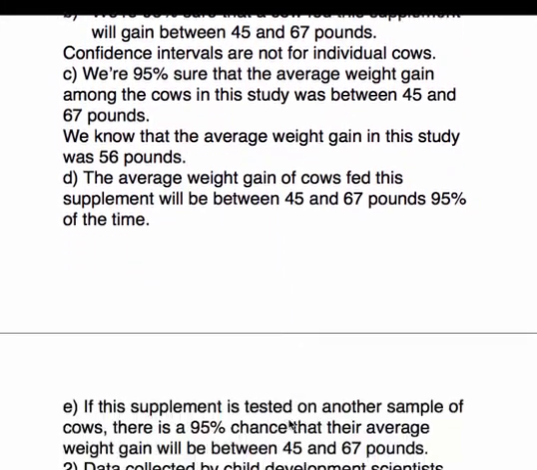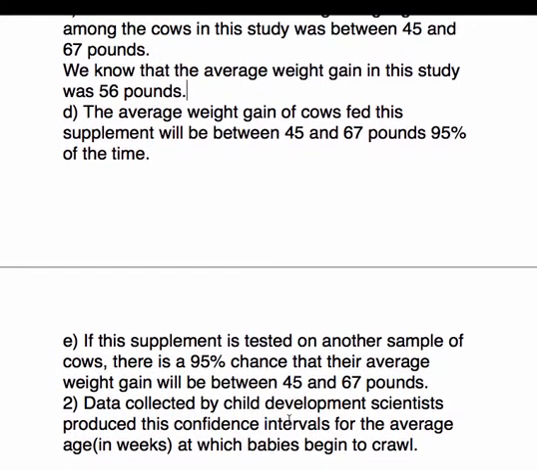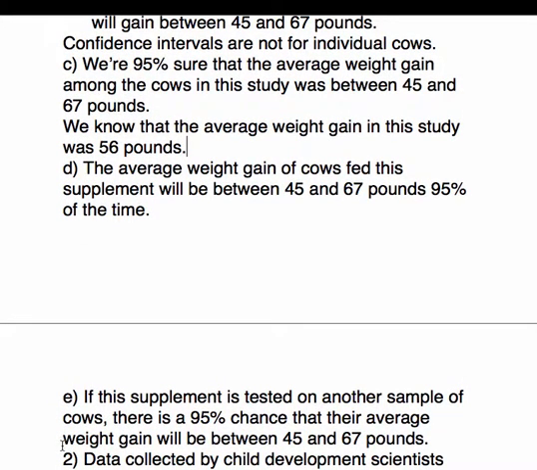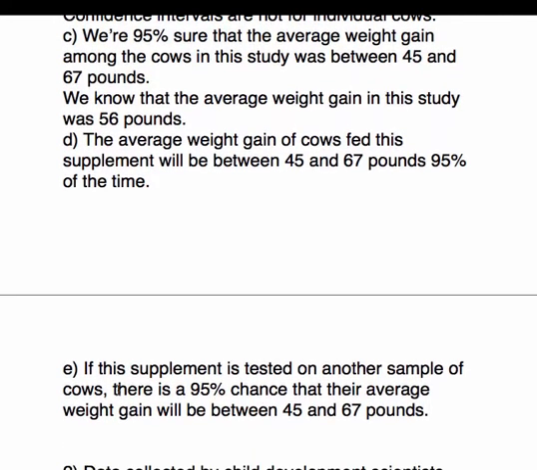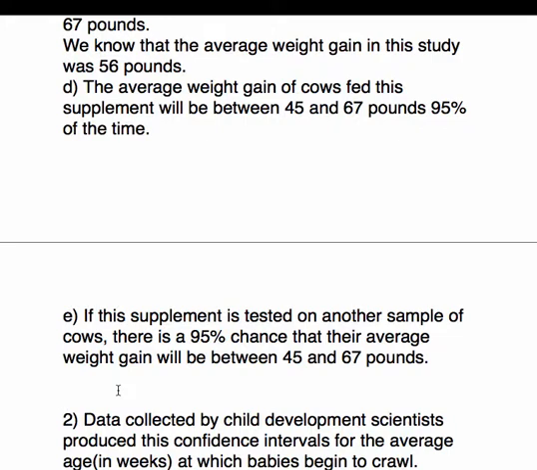Now, question D. I'm going to scroll up so you can see E. Question D. The average weight gain of cows fed this supplement will be between 45 and 67 pounds 95% of the time.